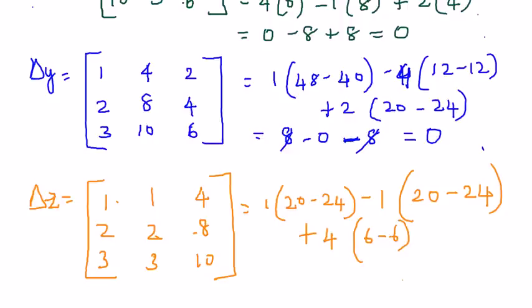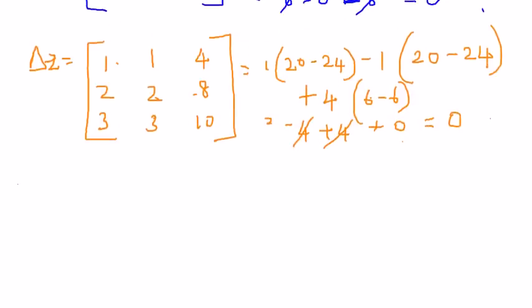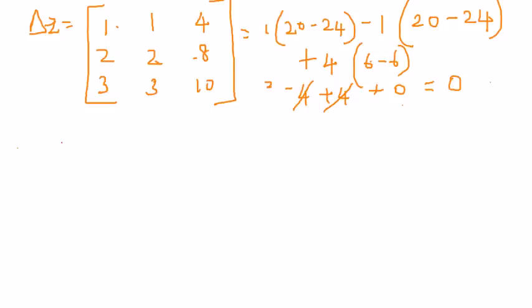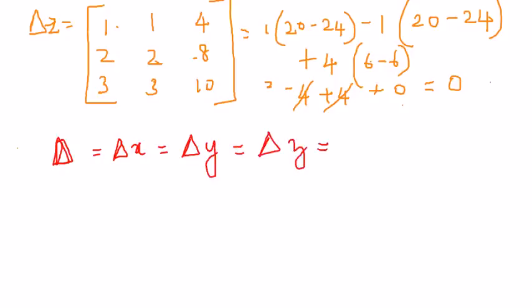So it will be minus 4. Minus 1 into minus 4 will be plus 4. Plus 4 into 0 will be 0. So again this gets cancelled. Del z is also 0. You must notice here that del equal to del x equal to del y equal to del z, which is all equal to 0.